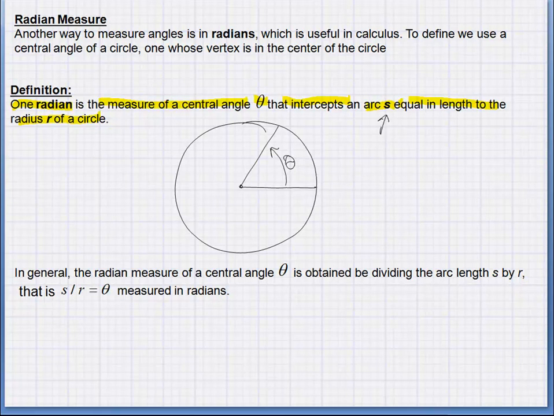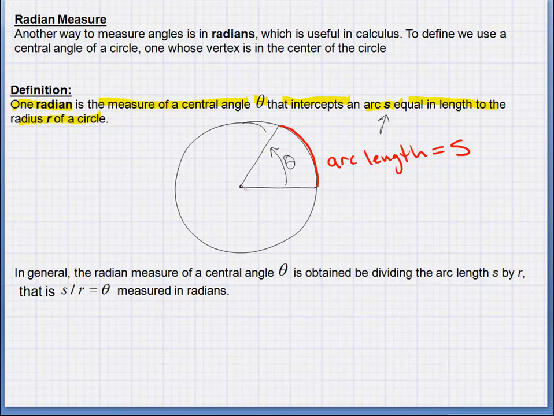The distance traveled around the outside of the circle is what we call the arc length, and that is what s is. Okay? So this angle intercepts an arc length s equal to the length of the radius r of the circle, which would be the measure of 1 radian.